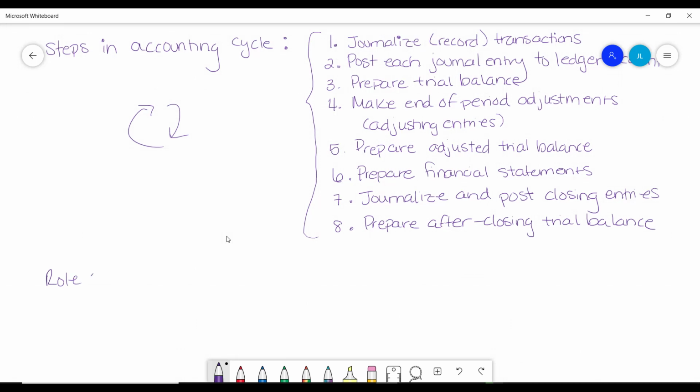So what is the role of those accounting records that we talked about? What makes them important? Managers and employees often use accounting records to establish accountability for assets or transactions that are under someone's control, or to keep track of routine business activities. We need a record of these things. Or if we want detailed information about a specific transaction, or if we want to evaluate the efficiency and performance of different parts of our business.